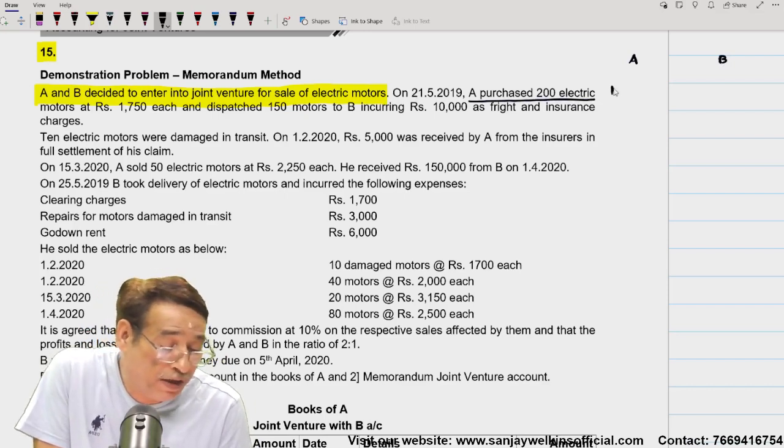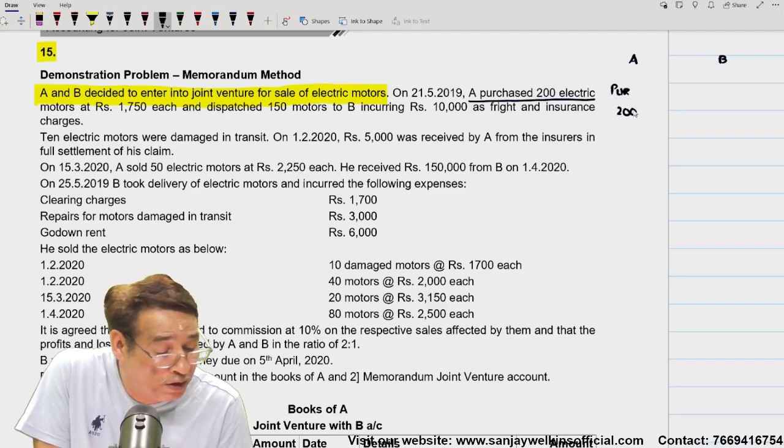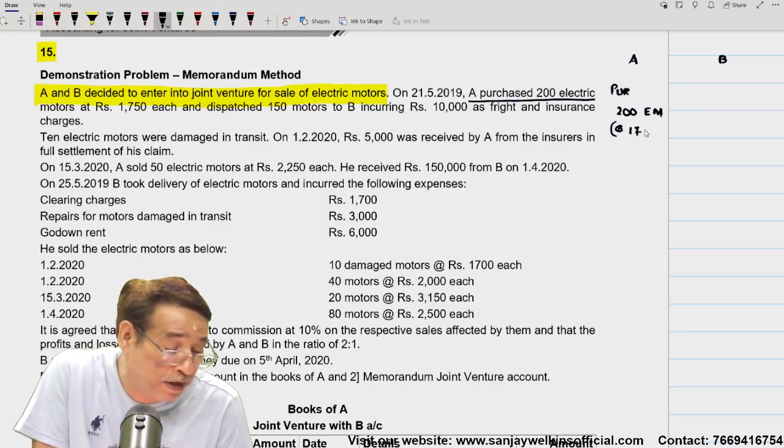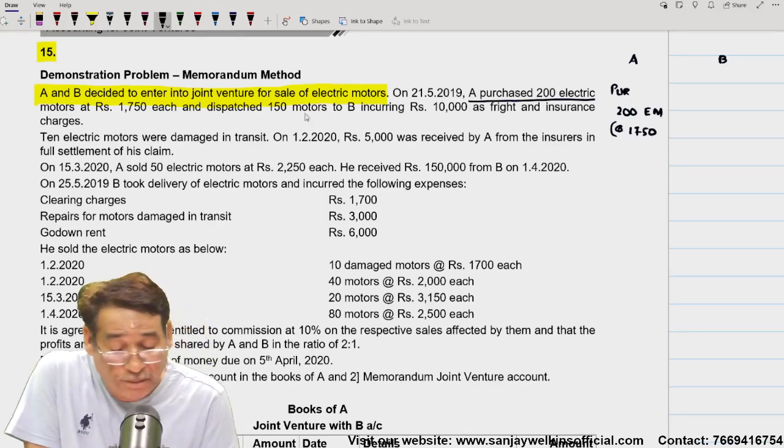So as far as Mr. A is concerned, he has purchased 200 electronic motors and he has purchased those motors at the rate of 1750. Correct?